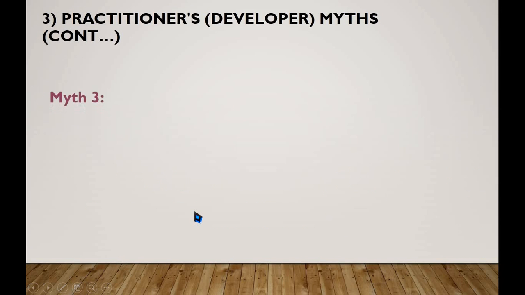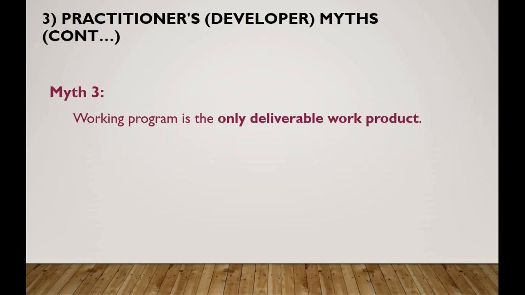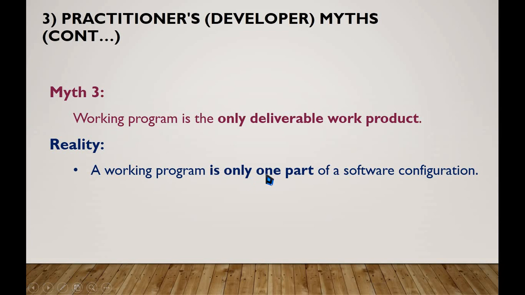Myth number 3 for practitioners, or programmers: a working program is the only deliverable work product. That is the myth, because a working program is only one part of the software configuration. It is not the whole thing.